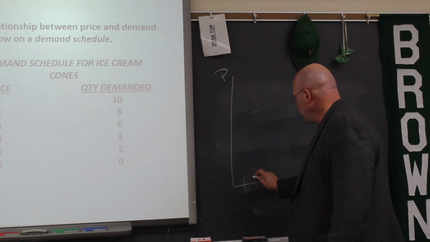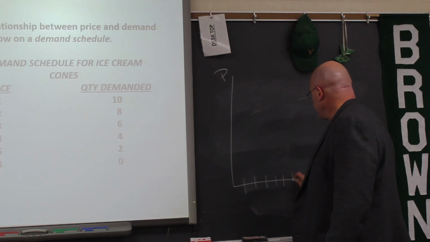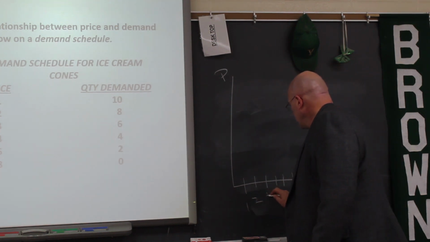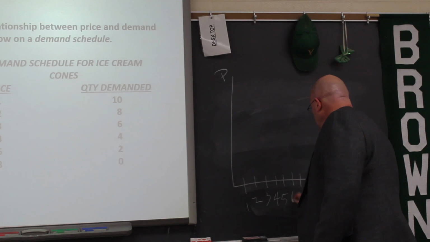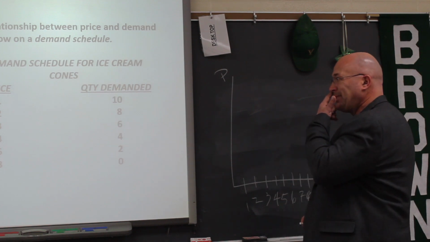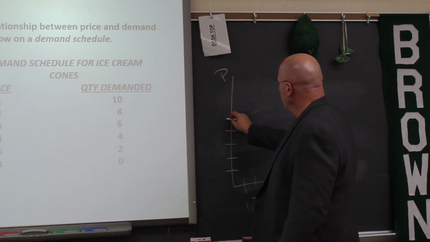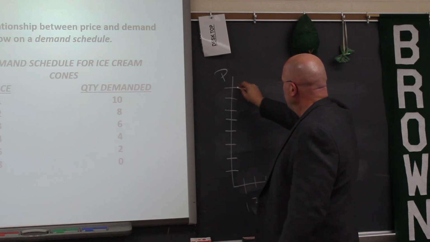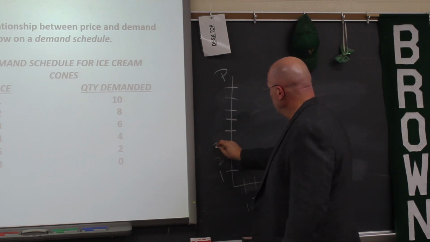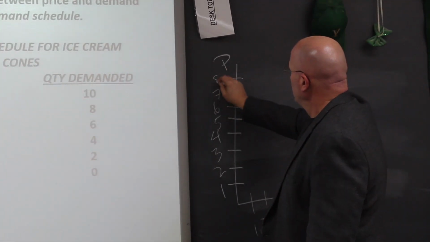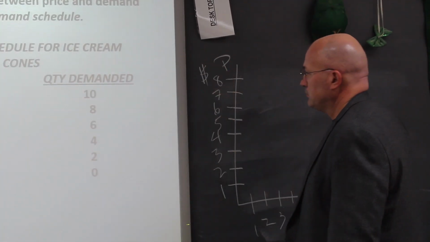So let's do this. 1, 2, 3, 4, 5, 6, 7, 8, 9, 10. Now let's look at price. 1, 2, 3, 4, 5, 6, 7, 8. And this is in dollars.